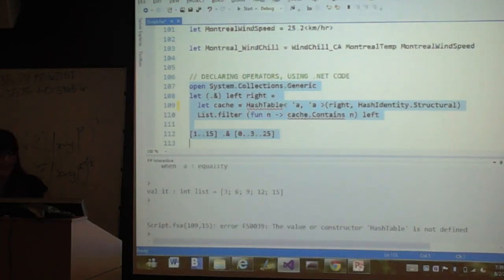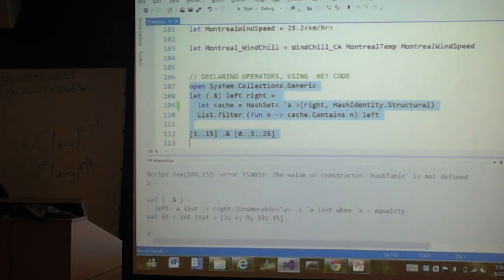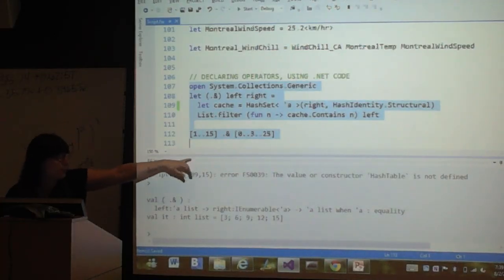But yeah, like I said, it returns 3, 6, 9, 12. The 1 to 15 is obviously 1 to 15.